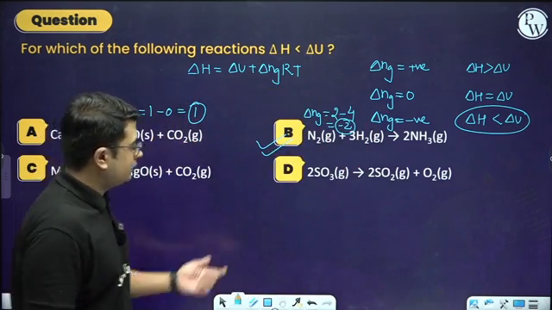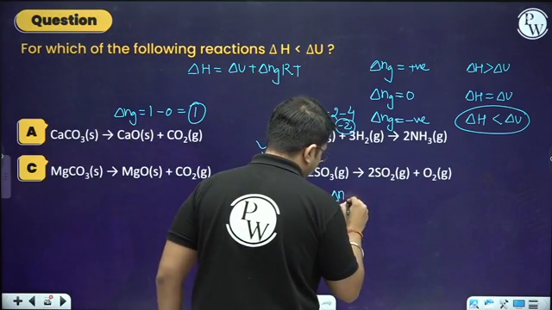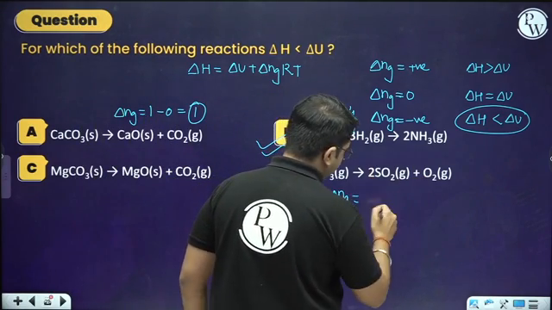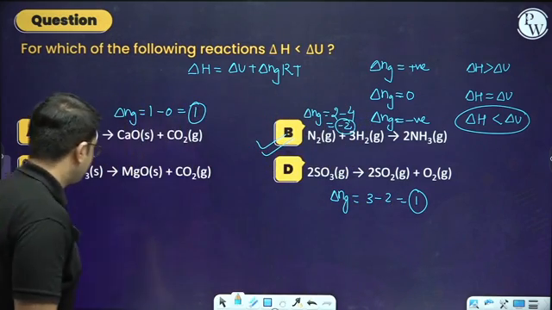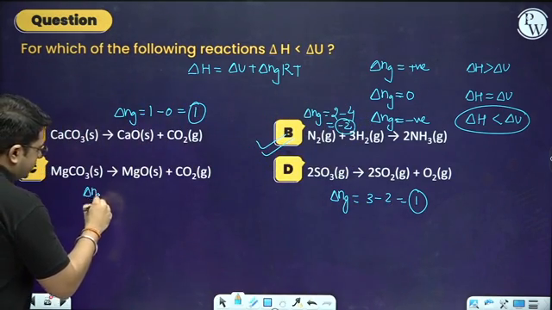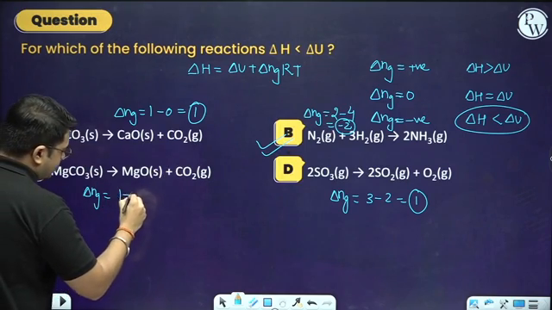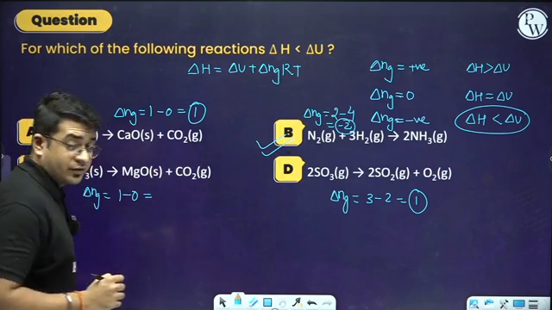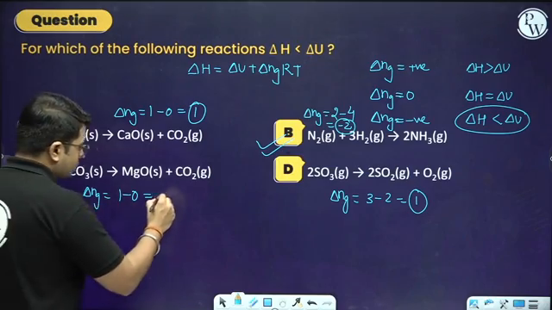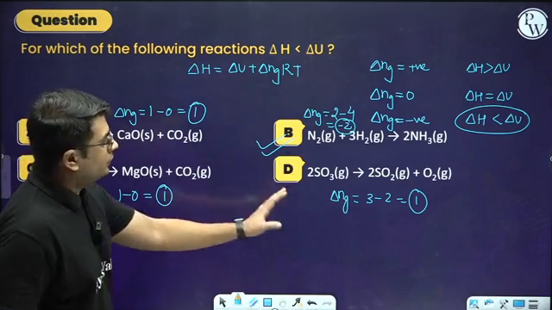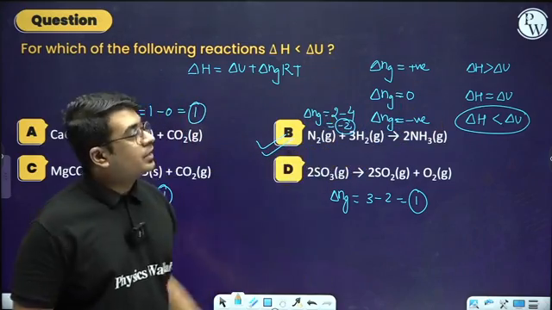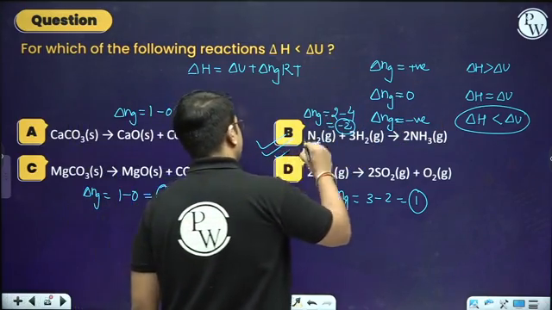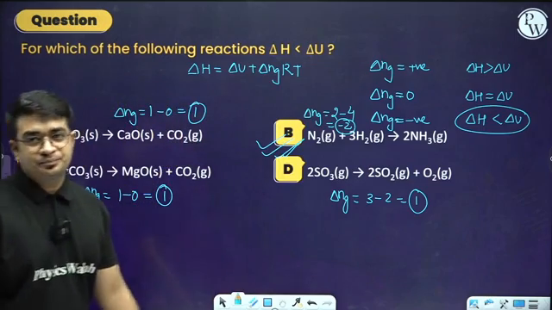In this particular case, delta n_g will be 2 plus 1, 3, minus 2, which is positive, so not this case. In this case, again only one gaseous product and no gaseous reactant, so again positive 1. So 1, 1, 1, but this one is negative. Negative means delta H will be less than delta U, so that will be the correct answer. I hope this part is clear.